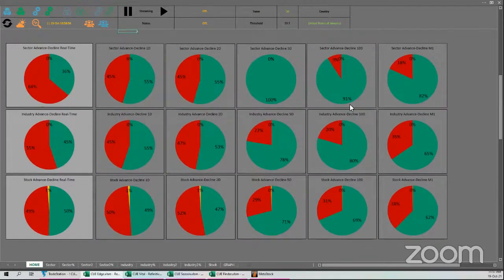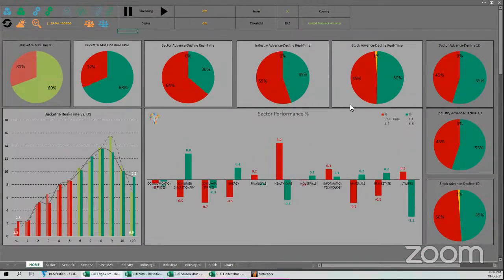And the more you spend 30 seconds every day on the 1 month to 1 day, then real-time secondary stock advance-decline breadth, and then the homepage graph showing the bucket analysis, you will be able to identify possible turnaround at the market level, mostly well ahead of others. Again, you may not execute a trade based on that, but you may be ready. So those insights are available in the homepage.